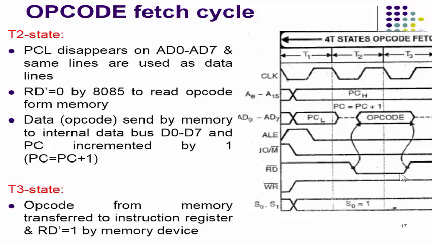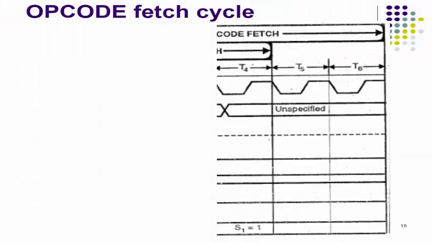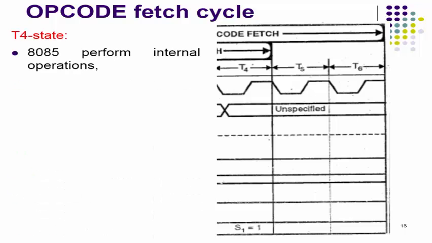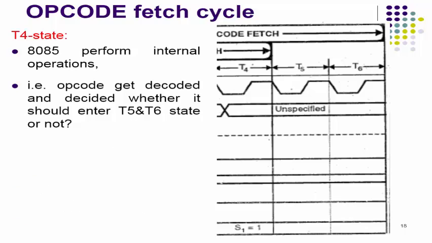In the third T state, the opcode is transferred from memory to the 8085 microprocessor, and then to the instruction register. In the T3 state, the read bar signal which was made active low in T2 state goes to active high, to indicate that opcode sending or opcode fetching is over.